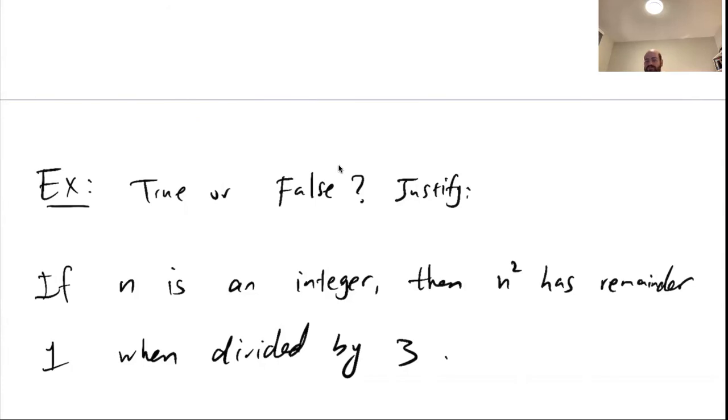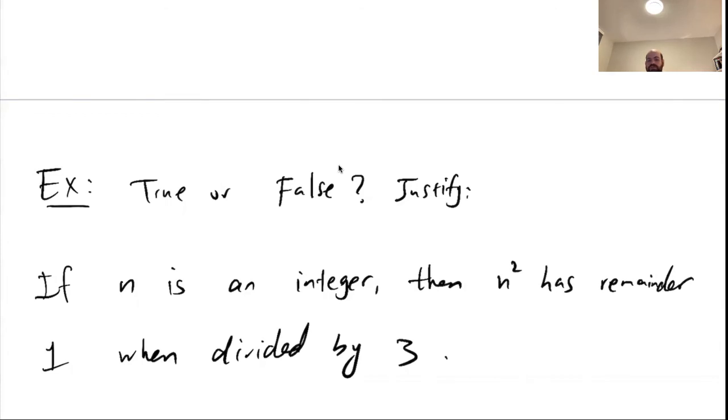The very first integer I can consider is, let's say, n equals 1. If n is 1, then n squared is 1, which has remainder 1 when divided by 3. Let's look at another case, for example n equals 2. Then n squared will be 4, which also has remainder 1 when divided by 3.